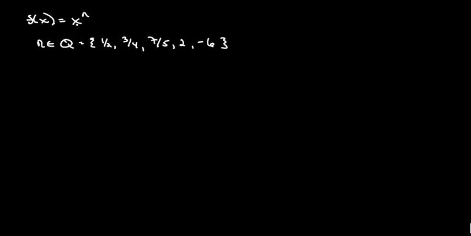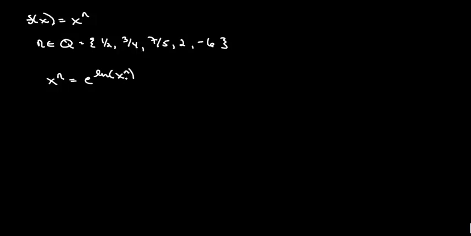to rewrite x to the n as equal to e to the natural log of x to the n, because this function and this function are inverses. As long as this guy right here is greater than 0, we're good.